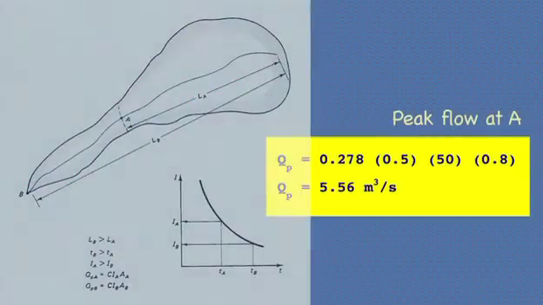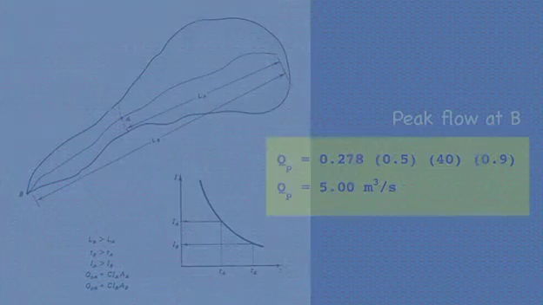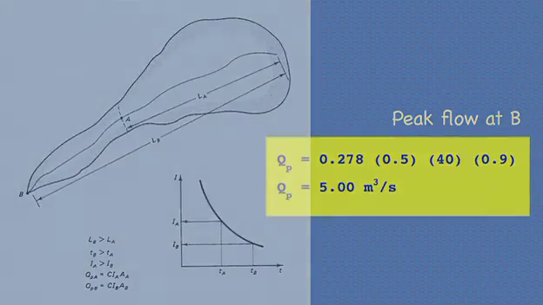The peak flow at A is calculated; the peak flow at B is calculated. In this case, the peak flow decreased from A to B. This is because the product of rainfall intensity times drainage area actually decreased in the downstream direction.